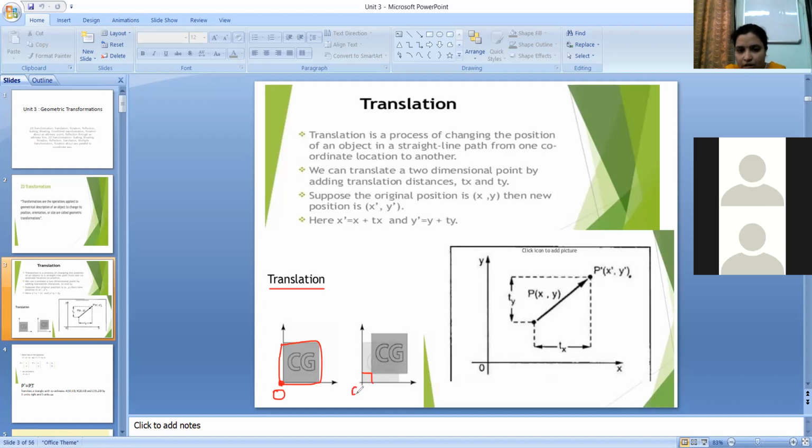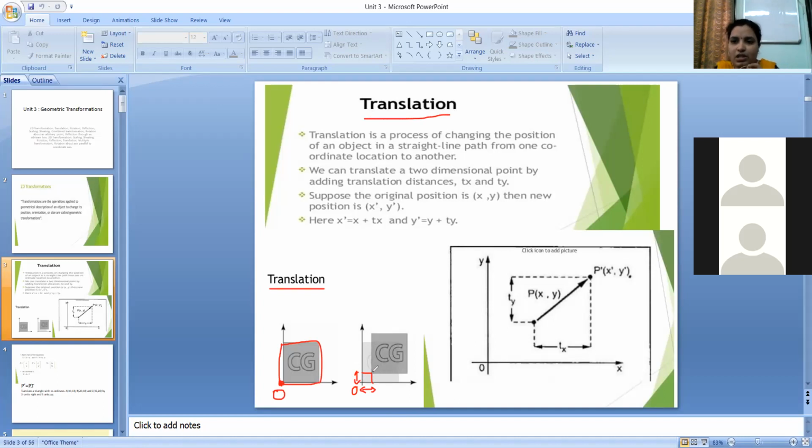Originally your vertex was at the origin, and now it has been shifted by this distance along the x-axis and this much distance along the y-axis. The displacement of the object to a new location is called translation.